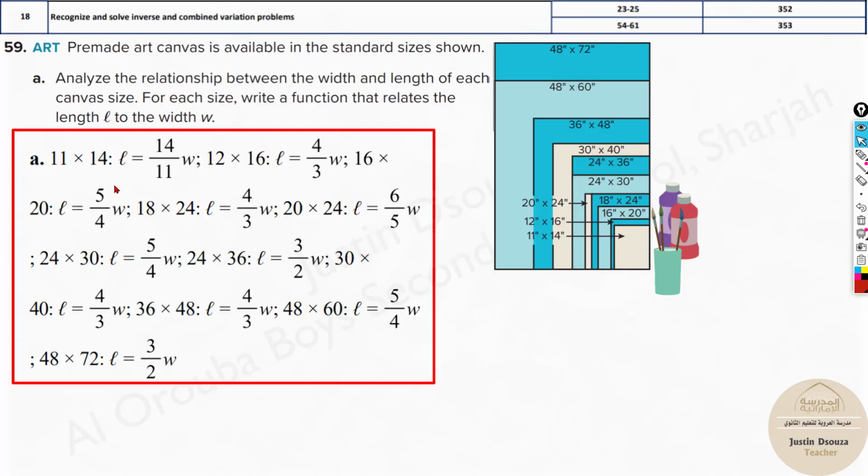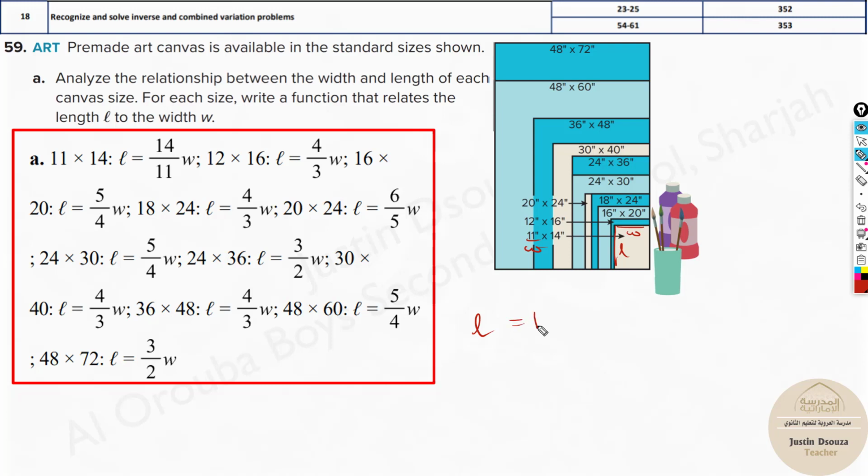Let me just show you over here. What is the dimension of the smallest canvas? It's given 11 inches by 14 inches, right? So now let's write the relationship. Here they have clearly mentioned width and length of each. So this is the width 11, and the length is the bigger side 14. So they want us to relate length and width.